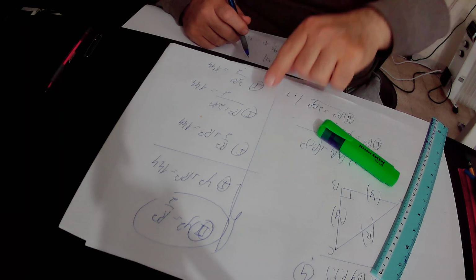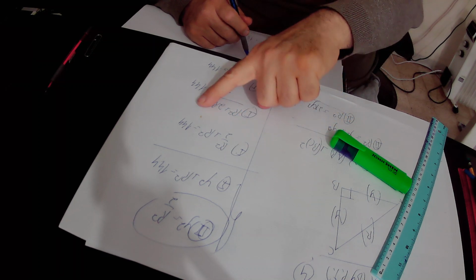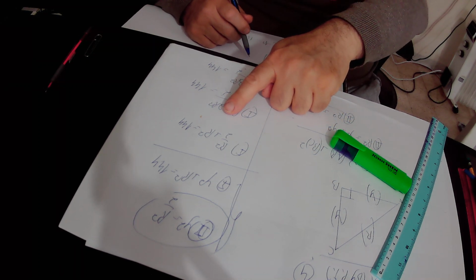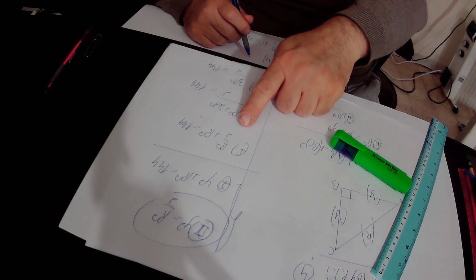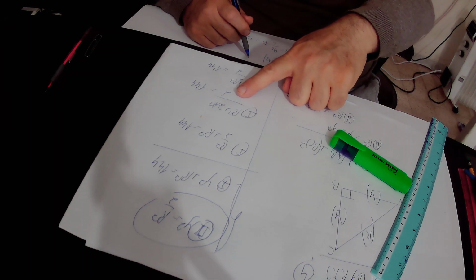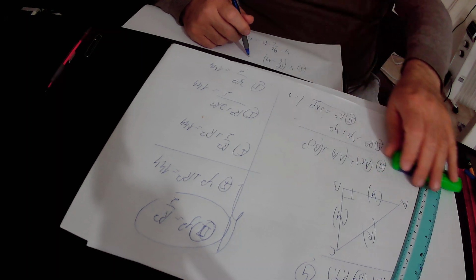We did it, and we got that according to equation 1, R squared over 2 plus R squared equals 144. Here we multiplied R squared by 2, and then divided by 2, to get a common factor. So R squared plus 2 times R squared is 2R squared over 2, that is equal to 144.